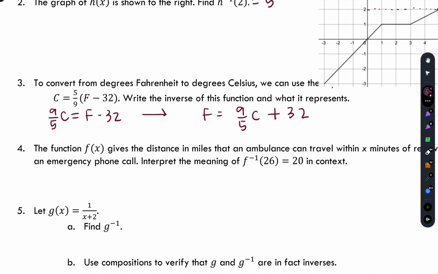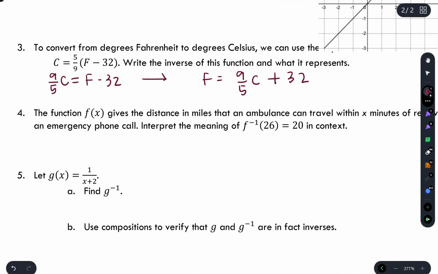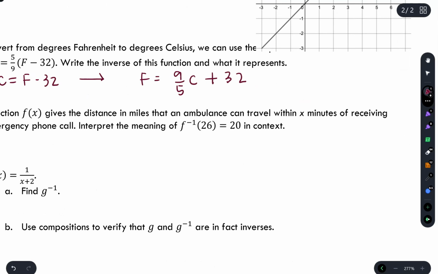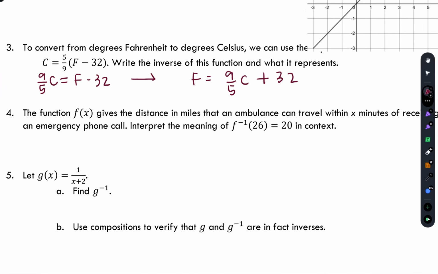All right, number 4 says the function f of x gives the distance in miles that an ambulance can travel within x minutes of receiving an emergency phone call. Interpret the meaning of f inverse of 26 equals 20 in context. So remember, that's important, in context. Some of y'all have struggled with that. So what does this mean?